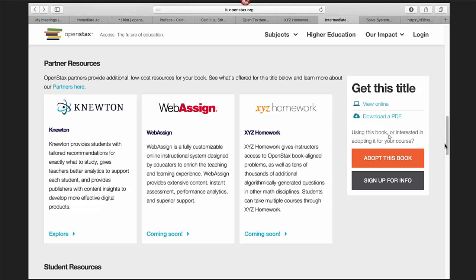Sure. First of all, OpenStax has a number of partners, and they work in different ways. Newton is an adaptive learning system. It's a little more of a student self-study sort of thing, a fee-based package that is a little more student directed than XYZ's in particular, and even WebAssign, another partner in this discipline.